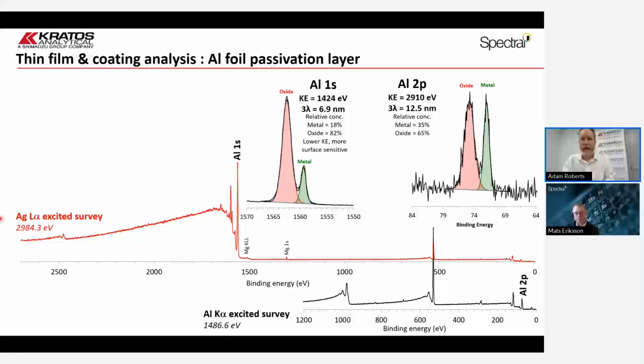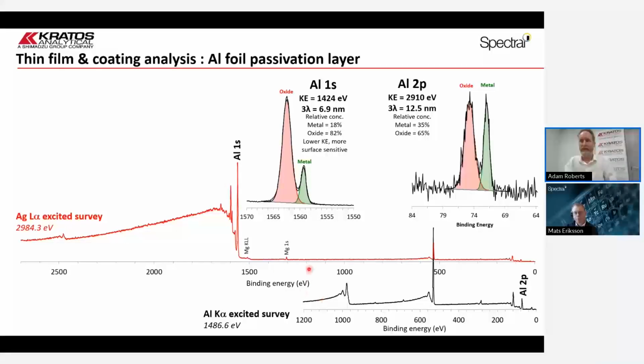If I increase that energy, it means that I can excite photoelectrons with greater kinetic energy. So these up this end have much greater kinetic energy. So if we look at that ratio of the metal, so we're looking deeper into the material, I'm seeing more of the metallic aluminium relative to the oxide at this end of my XPS spectrum, relative to the aluminium 1s, which I can now excite with the higher energy.